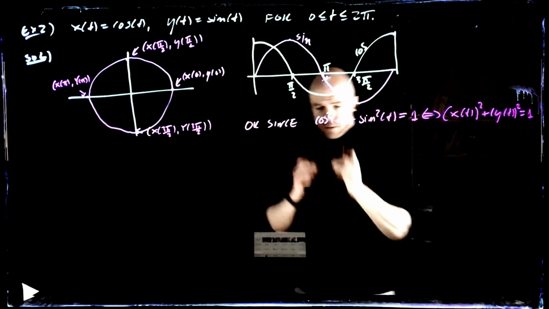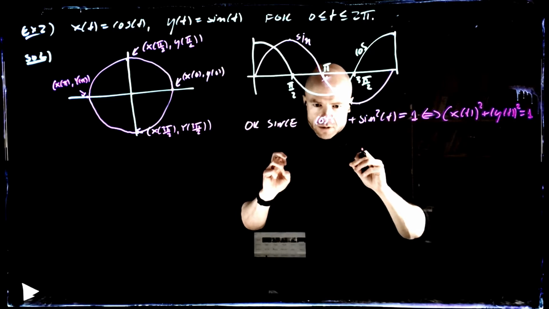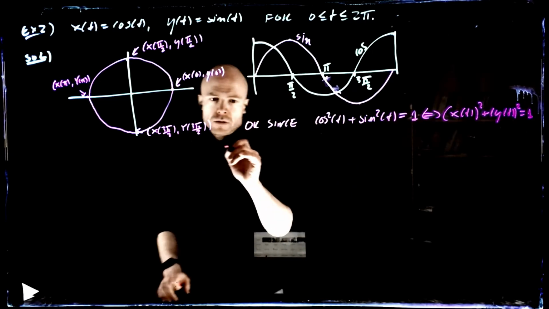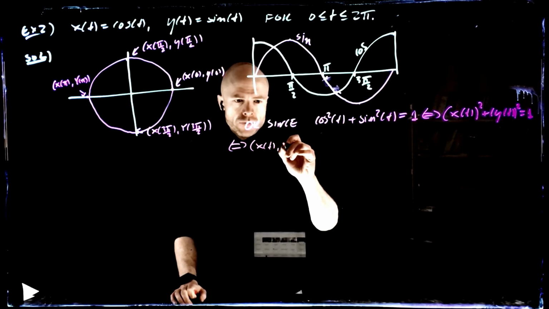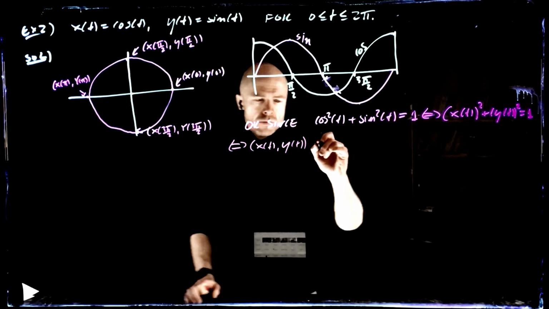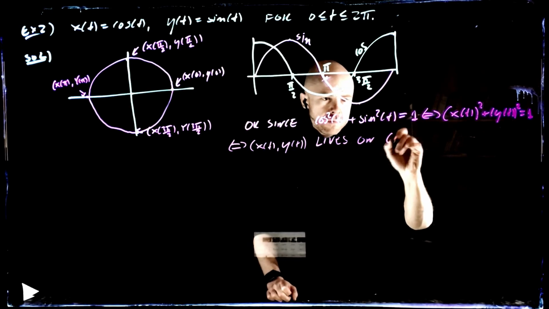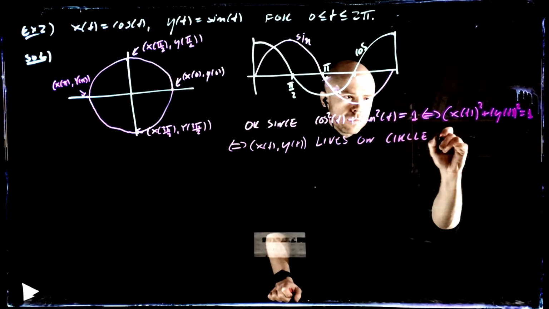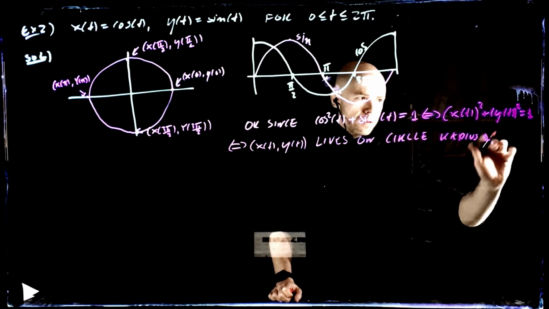Which means that every point x of t, y of t lives on the unit circle around 0.